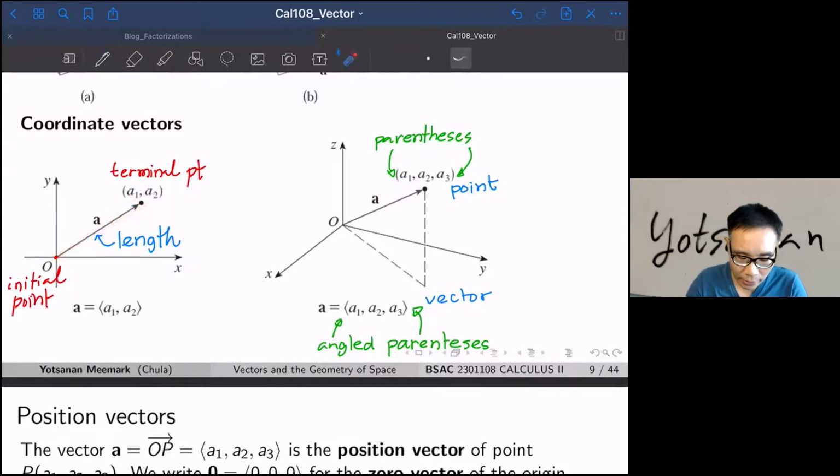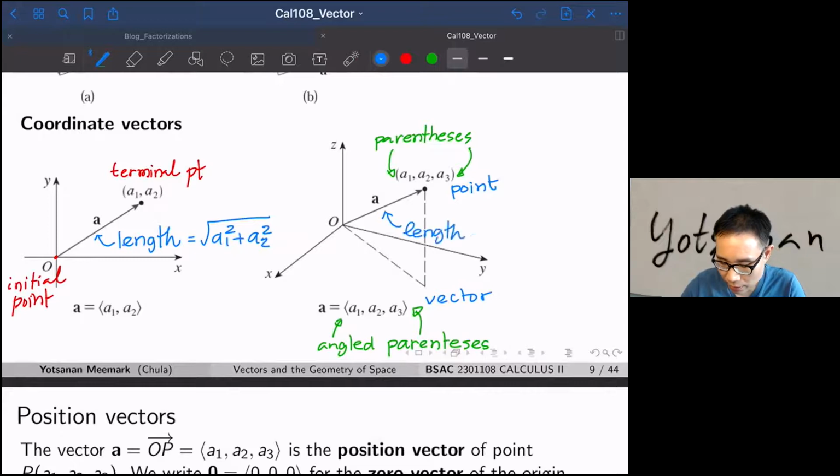So the length is given by the square root of a1 squared plus a2 squared. Similarly for this one, it's the distance in three dimensions. So the length is equal to the square root of a1 squared plus a2 squared plus a3 squared. So it turns out to use these three components.